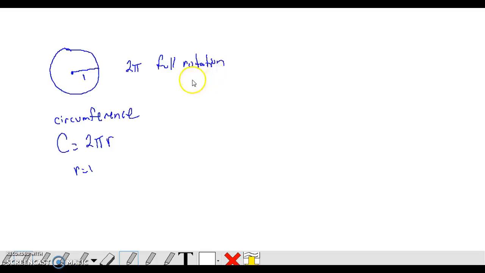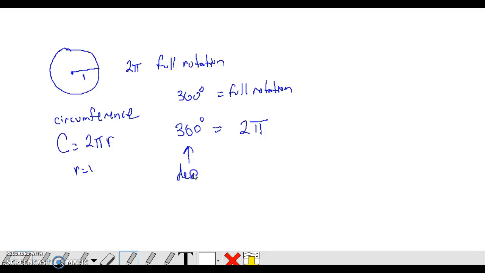Okay. And so I know that 360 degrees is also a full rotation. So if I know that those two are equal to each other, 360 degrees is equal to 2 pi. These are my degrees, and these are my radians.